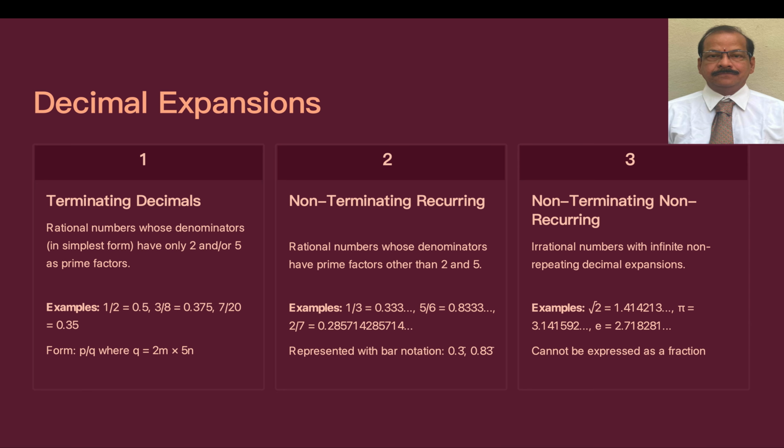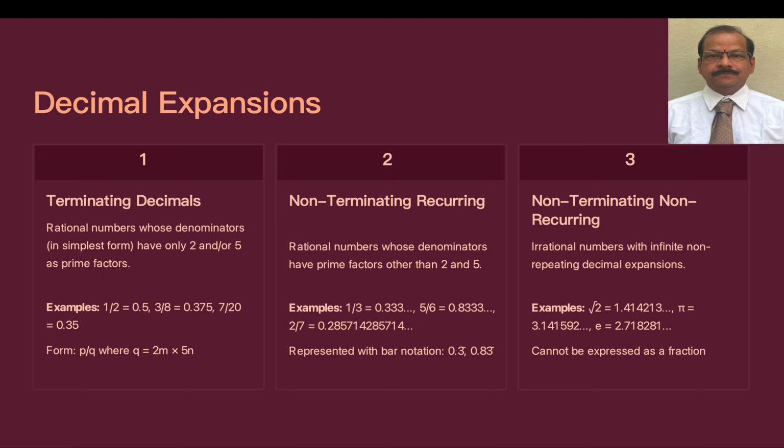Okay. First one, if you take a terminating decimal, whatever number of decimal positions are there, that many zeros if you place in the denominator, that comes to p by q form. Fine. So that is comfortable.